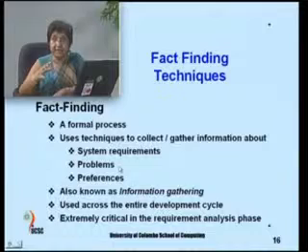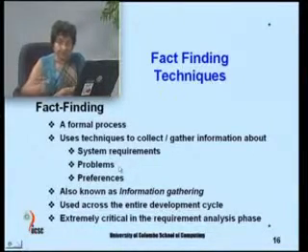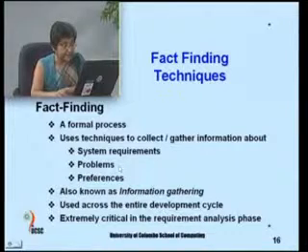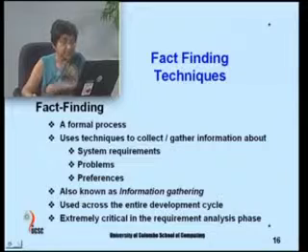So, it is not only at the beginning, but this kind of information gathering will go on during the entire development life cycle. It is extremely critical in the requirement analysis phase.